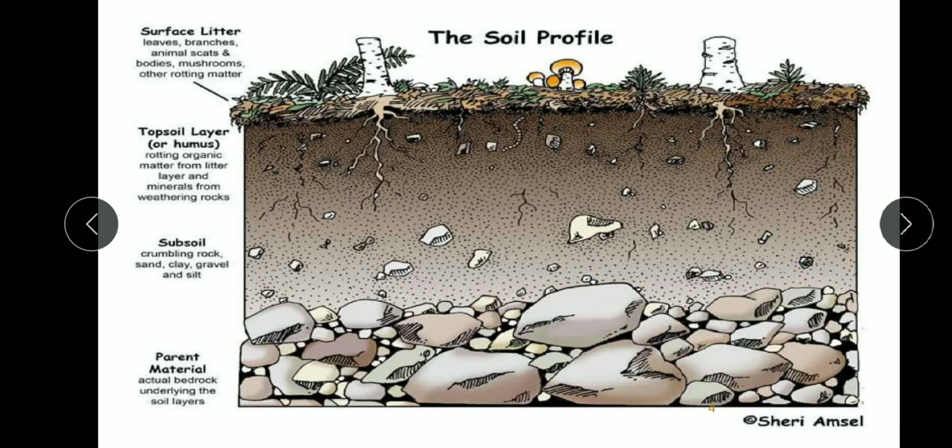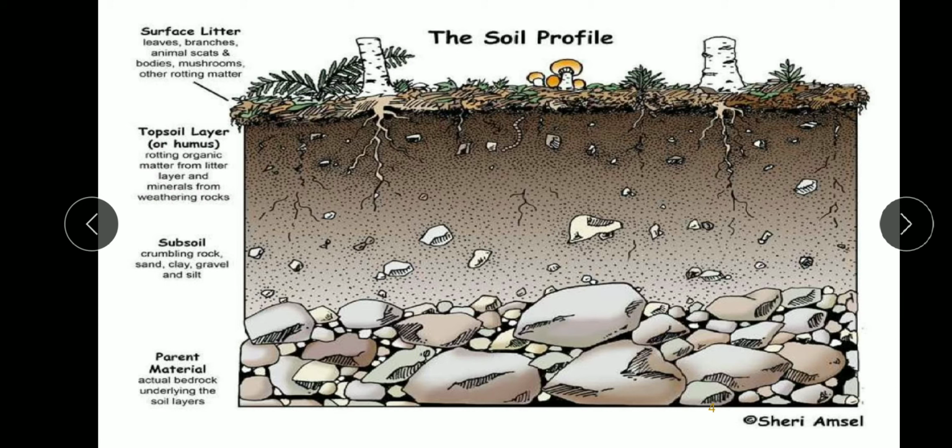In this picture, this is the organic matter layer, consisting of leaves, some branches, animal scales and bodies, mushrooms, and other rotting materials. It is called the O horizon. Then the A horizon is the topsoil layer.